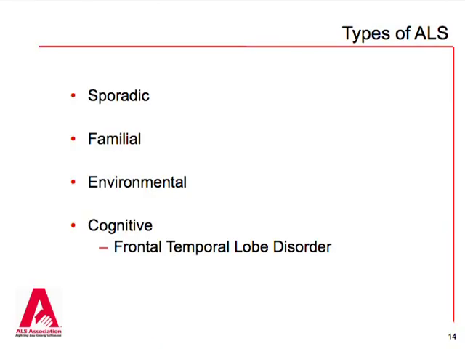And again, we talked briefly about the cognition, the issue with that. It seems to affect the frontal temporal lobe in people's brains when they have cognitive impairment with their ALS. As I mentioned, the disease presents itself differently in everybody, so care and treatment is going to vary from person to person.